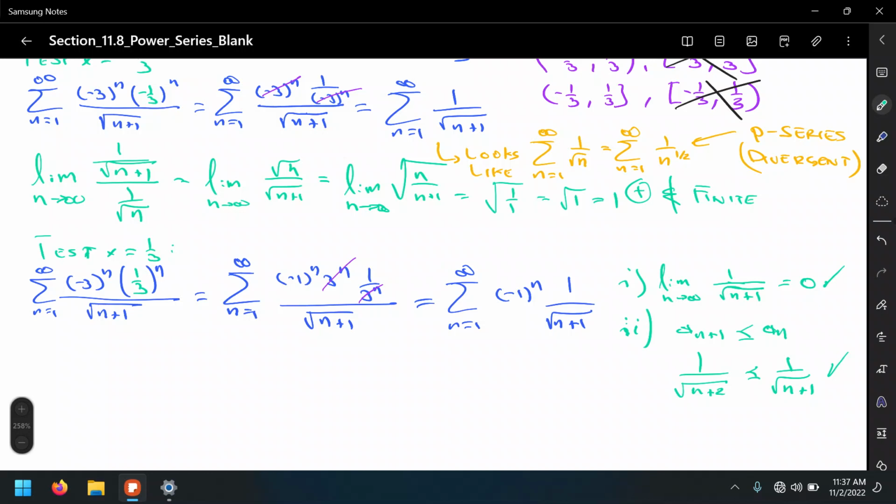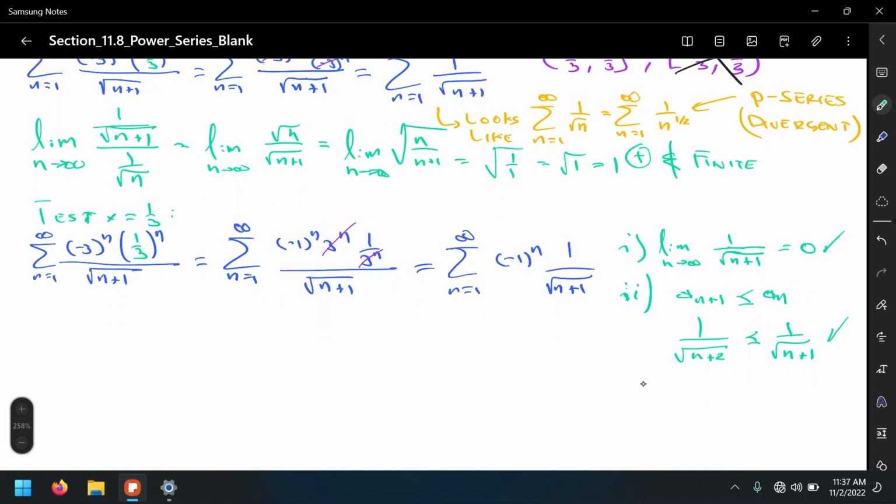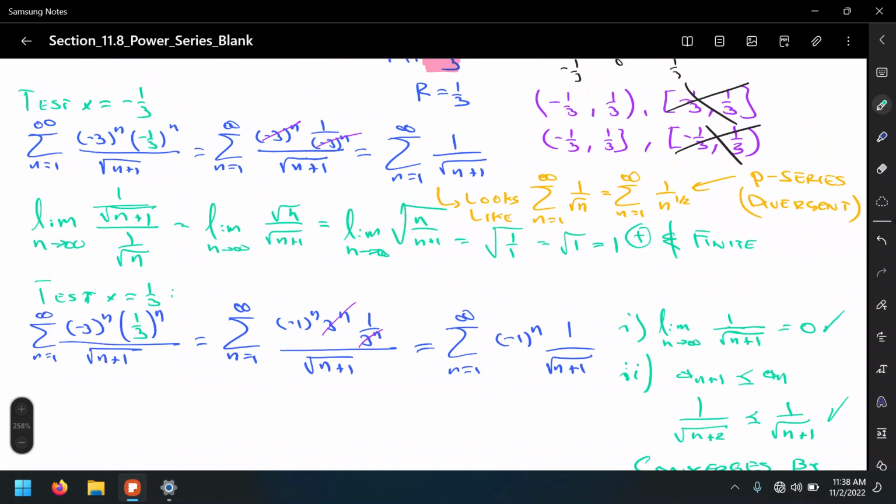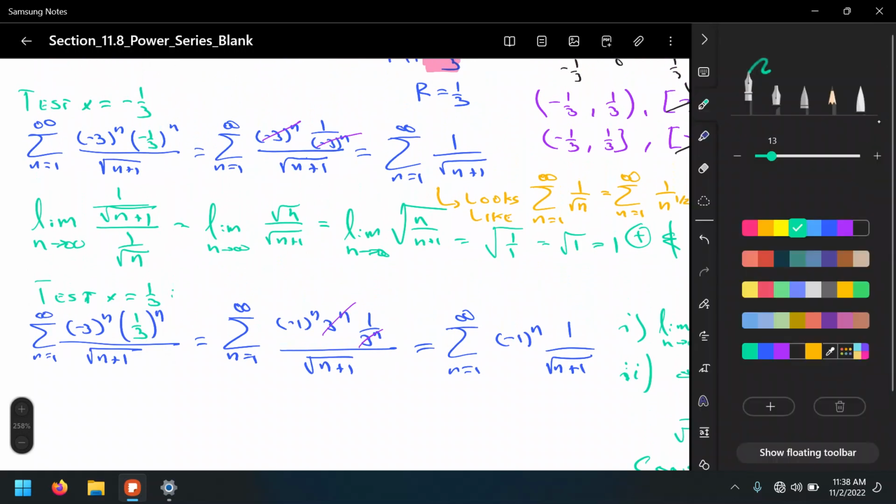Well, what does that mean? This series then converges. Not absolutely, just converges, because I haven't taken the absolute value of the series. So it converges by the alternating series test. It doesn't matter if it doesn't converge absolutely. Convergence is convergence. So going back to the 4 possibilities, well, actually we crossed out 2 of them.